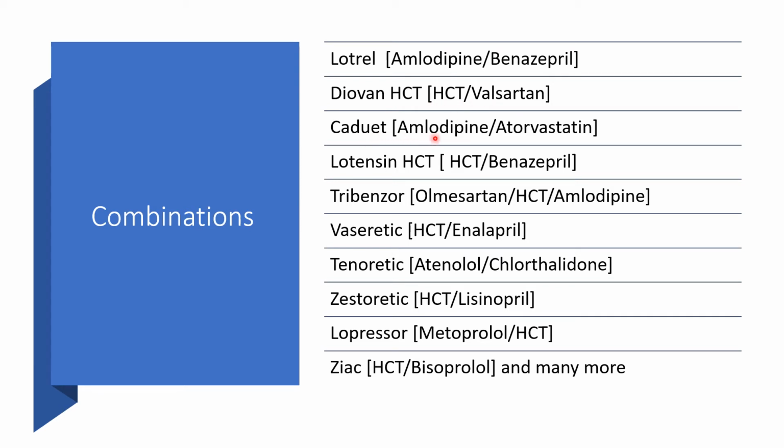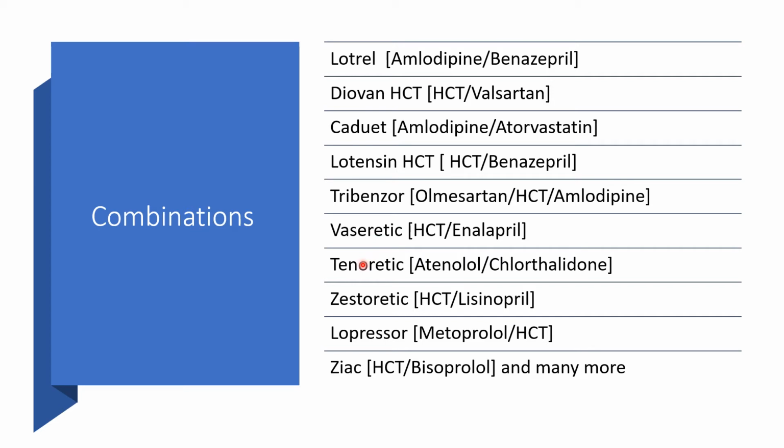Caduet will have a calcium channel blocker with a statin, atorvastatin. Tribenzor, you can see that. In fact, this is having three: angiotensin receptor blocker, thiazide, and calcium channel blocker.